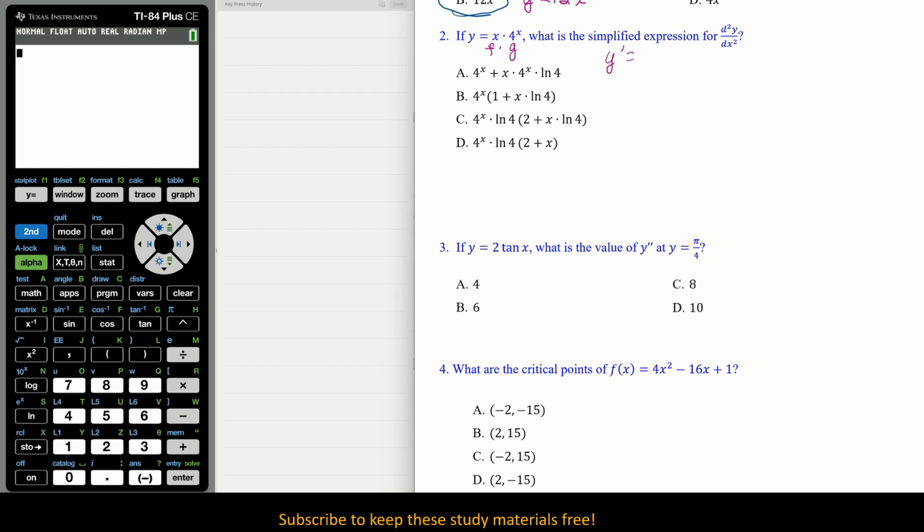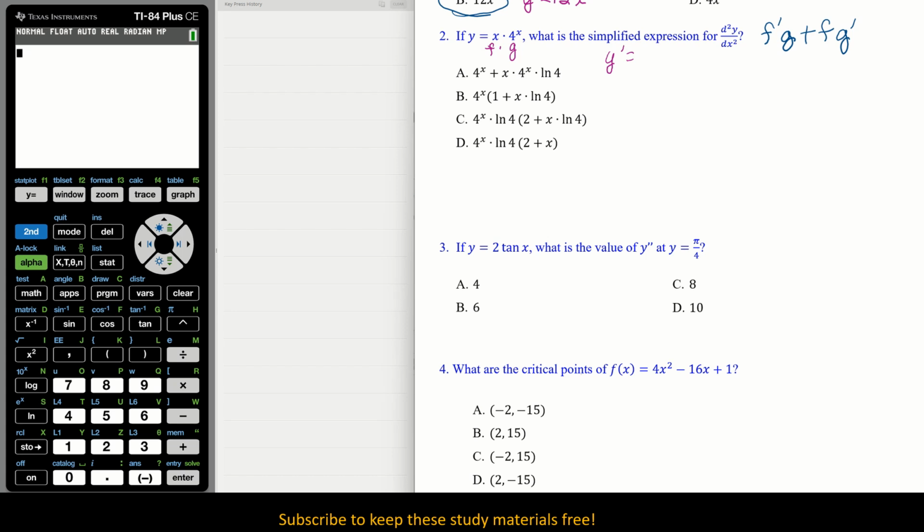Remember, we are going by f prime g plus f g prime. We'll stay in that format to simplify things.